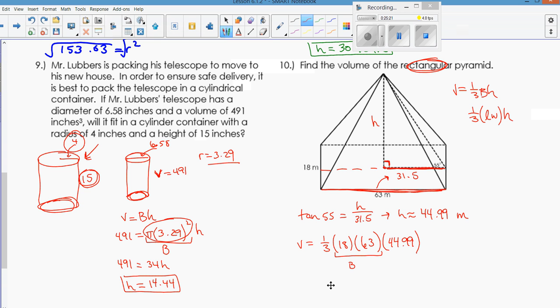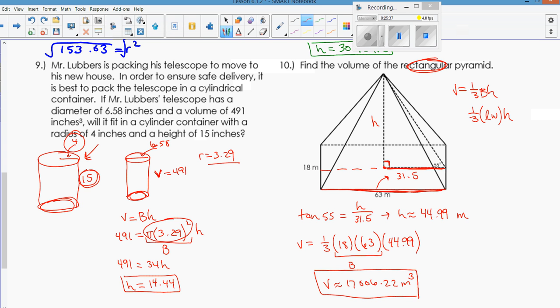I find out that my volume is about 17,006.22 meters cubed.